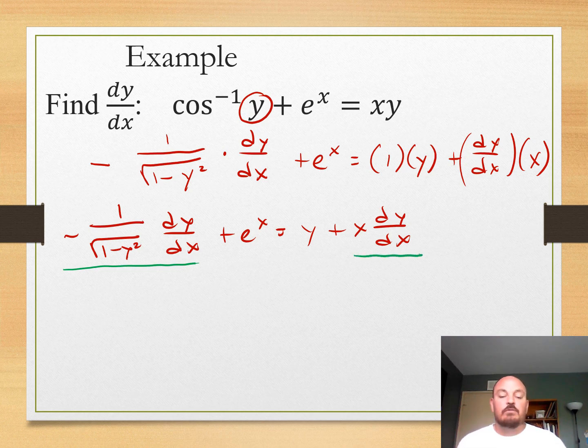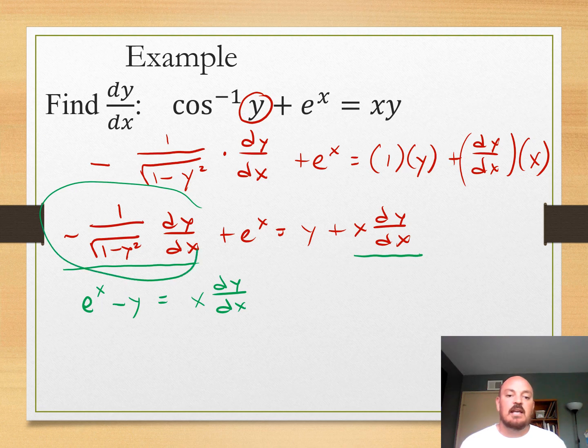In order to solve for dy dx, I need to group those two together, separate them from everything else, and then I can factor it out. So basically when I do that, let's leave the e to the x on the left. Let's subtract y from both sides to group those together. Let's leave the x dy dx on the right, and then this whole big term here, since it was negative, let's add it to both sides.